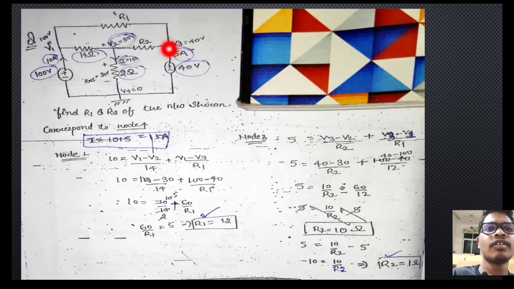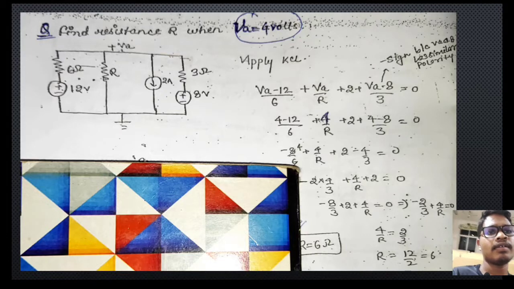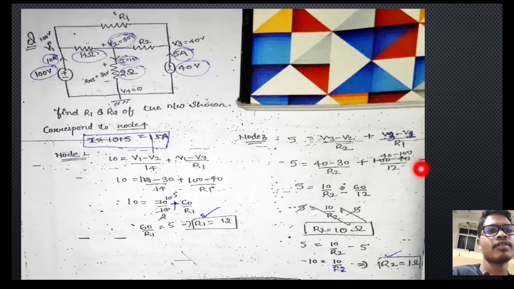Now see the node 3, this is our node 3. So apply the KCL equation here. Also that 5 ampere current will be flowing like this. So 5 ampere is equal to V3 minus V2 divided by R2, that is 40 minus 30 divided by R2, and another equation will be 40 minus 100 divided by R1. Here R1 is 12, we have already calculated.